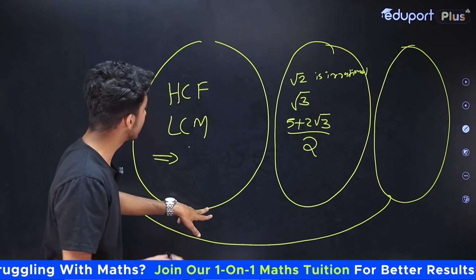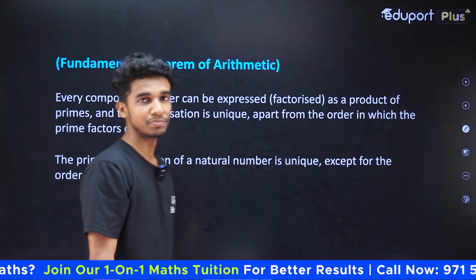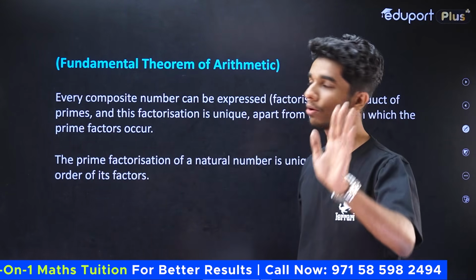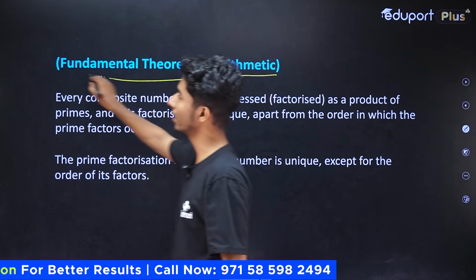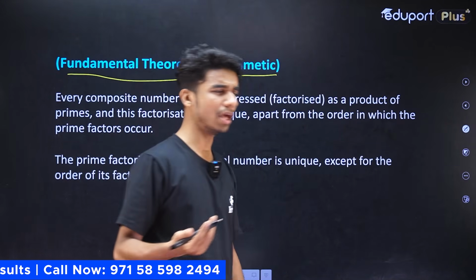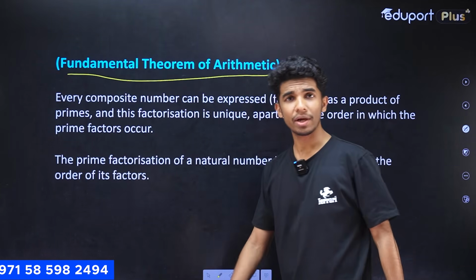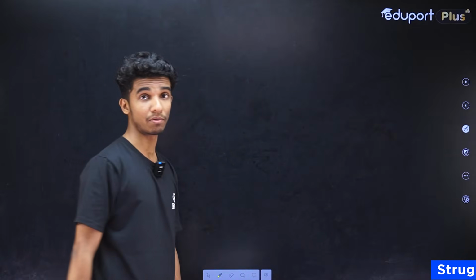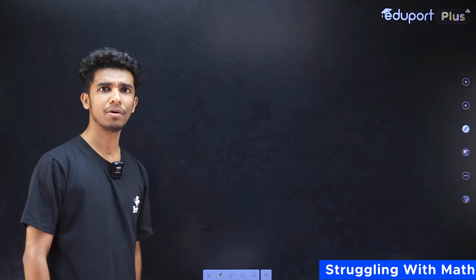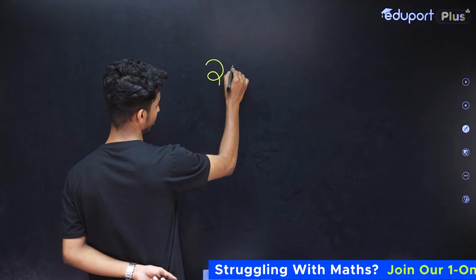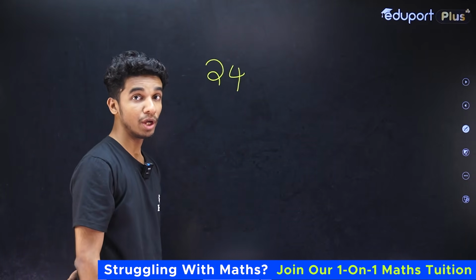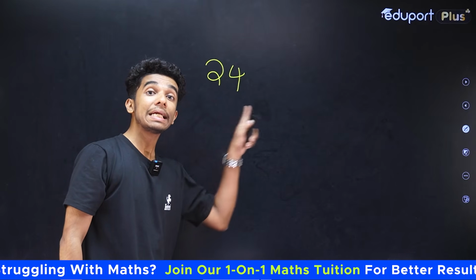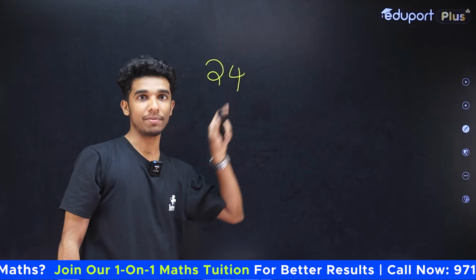Okay, let us start with HCF and LCM. Before that, does everybody know what the fundamental theorem of arithmetic is? What is the fundamental theorem of arithmetic? Any number, any composite number. What is a composite number? A number other than prime. Suppose I take 24. 24 can be written as a product of primes.